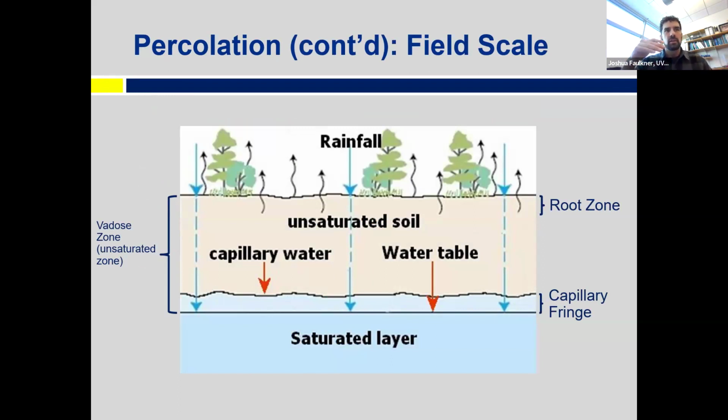I think that's important to note, especially in our region, because we all understand what capillary rise looks like when you dip a paper towel into water. You see the water rising up into the paper towel, right? That's capillary rise, and it's affected by the diameter of the pores in the soil.